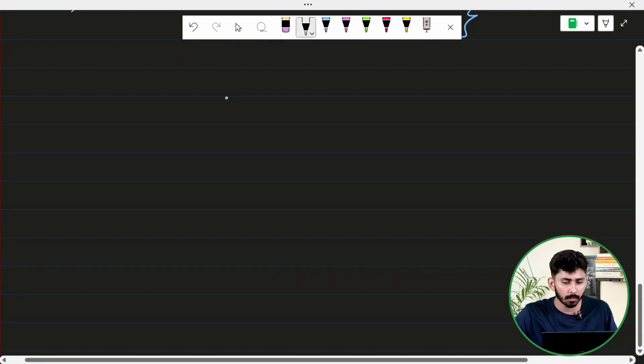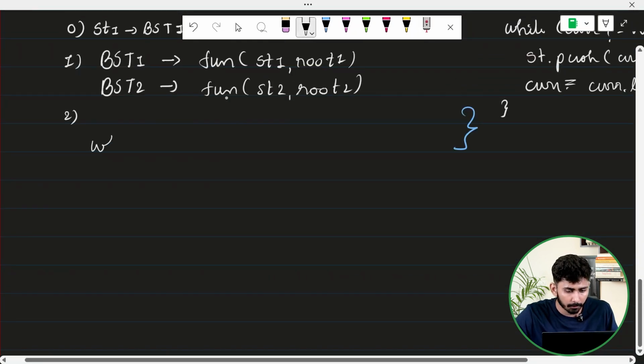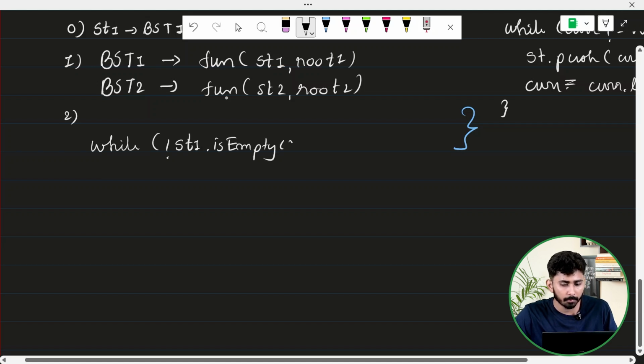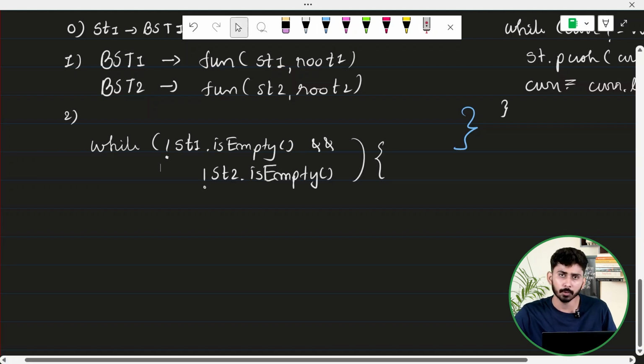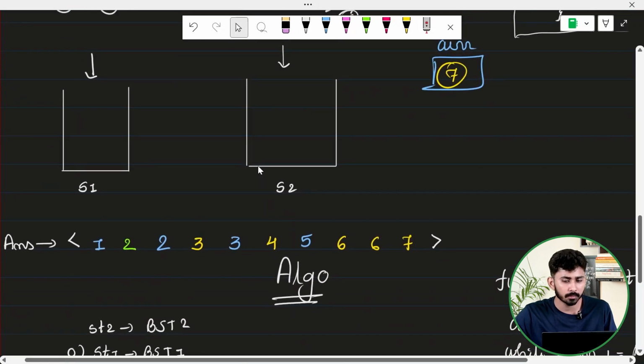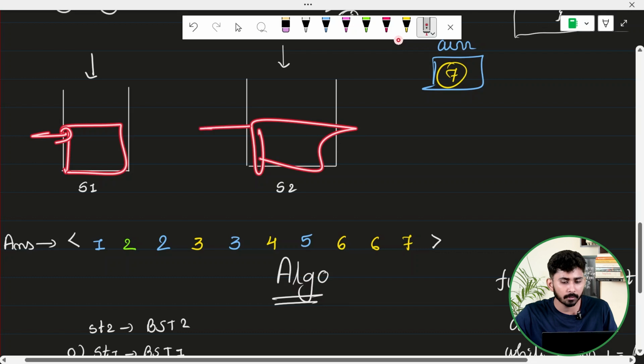While stack 1 is not empty and stack number 2 is also not empty, what I am going to do in this scenario is, we know some elements will be there inside our stacks, and we are finding the smallest one.